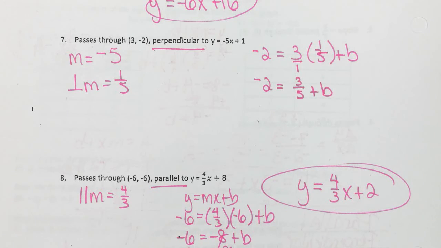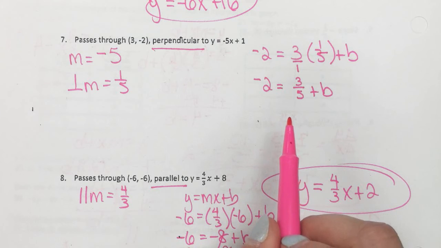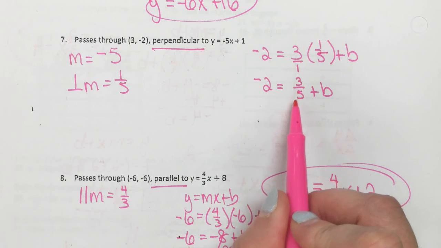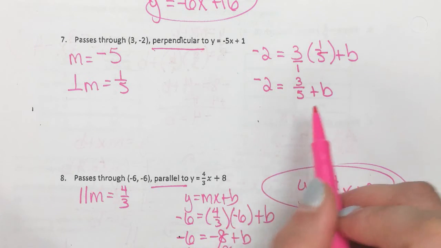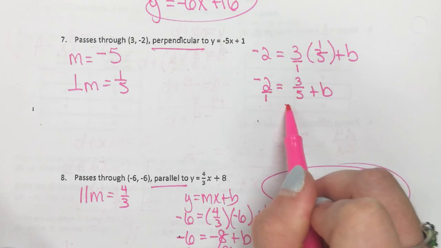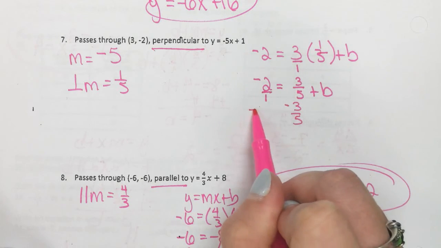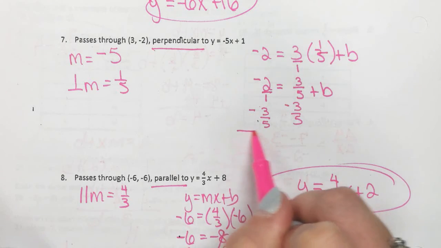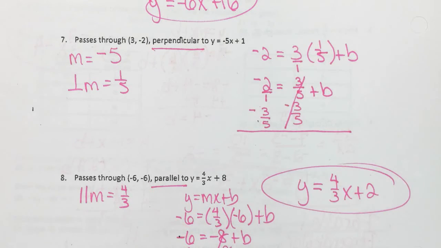Y'all okay so far? Alright, don't let it freak you out. Just like anything else, how do you move this to the other side? Put a 1 over it. Yeah, you put a 1 over that too, but how do I move this guy? There you go. Alright, when you subtract fractions, what has to happen? Same denominator.